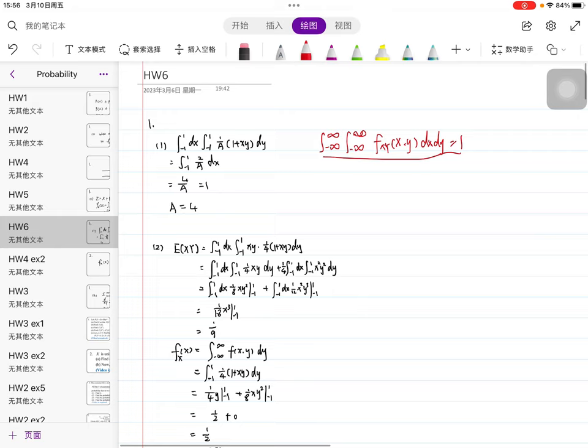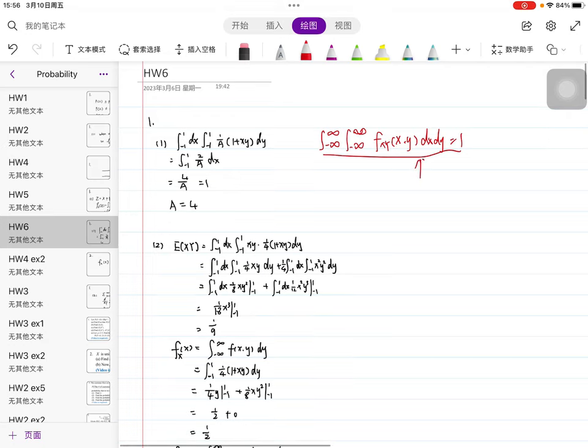This is the characteristic of the joint density function, right? So if it equals 1, then we could solve for A as a specific value.